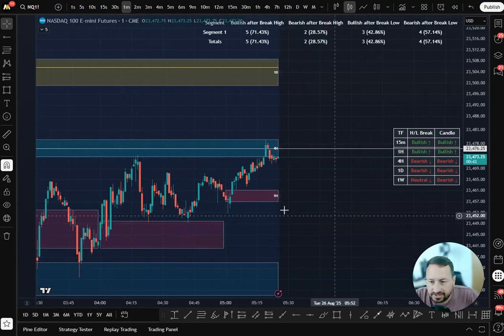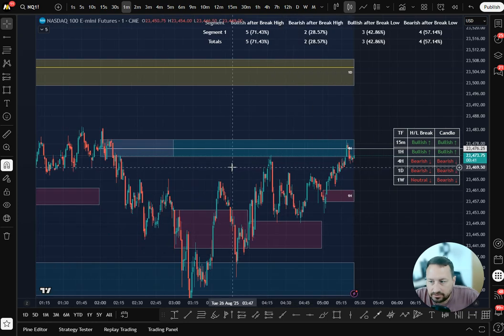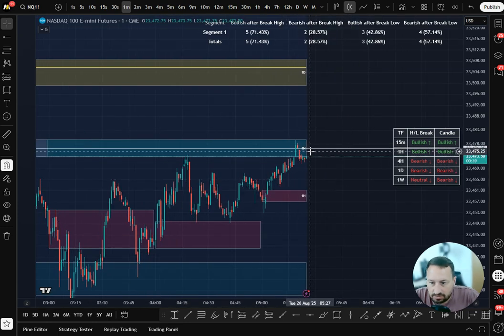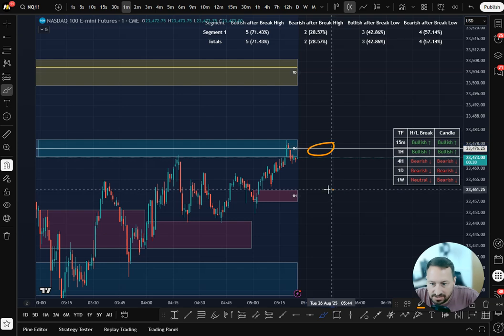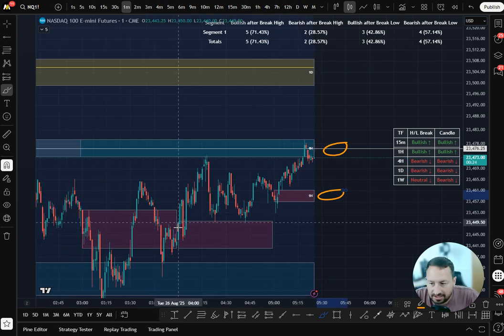So right now, for this statistic to play out, the 4 hour candle needs to close below here, and our weekly candle needs to close below here. And then this gives us our range when we get opposing factors, right? That for this to happen, and we had the same thing here, right?